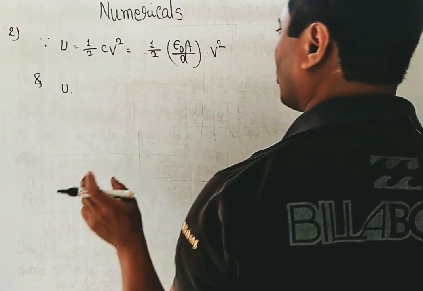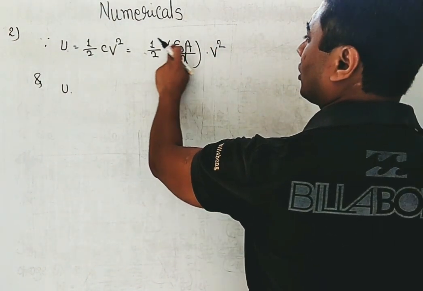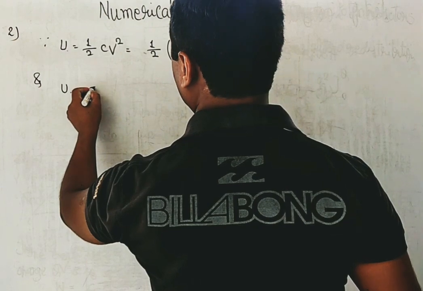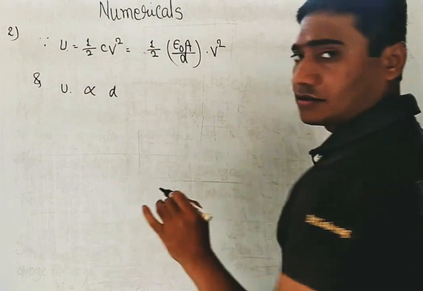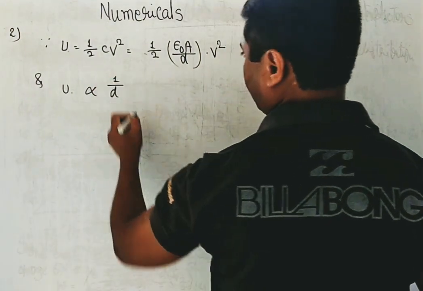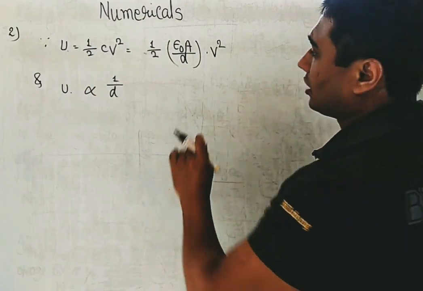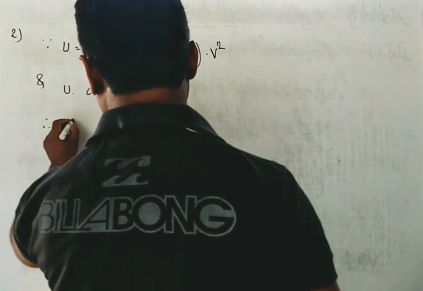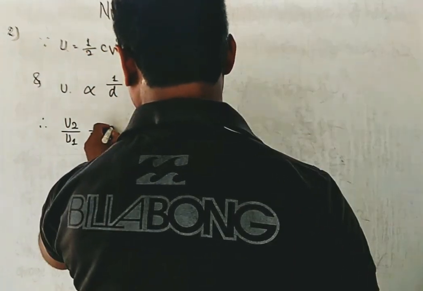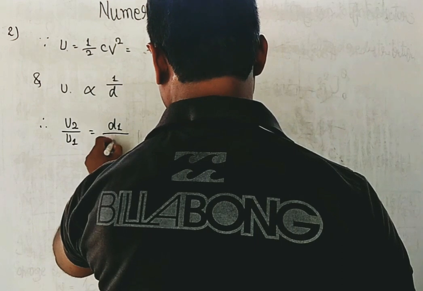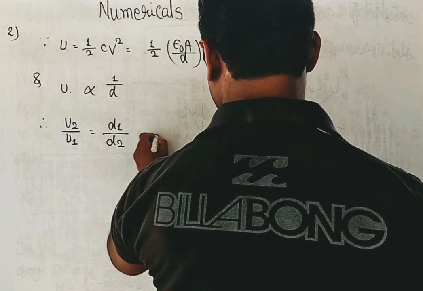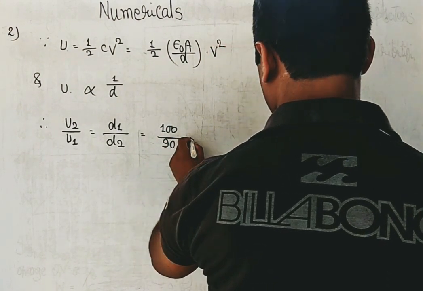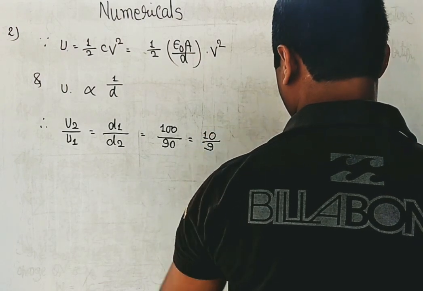As can be seen here, everything will remain the same except this D. So U is inversely proportional to D, sorry, U is proportional to 1 by D, we can write. Rest of the things are constant for the next case as well. Therefore, we can write U2 upon U1 equals D1 upon D2, and this equals 100 by 90, which is equal to 10 by 9.